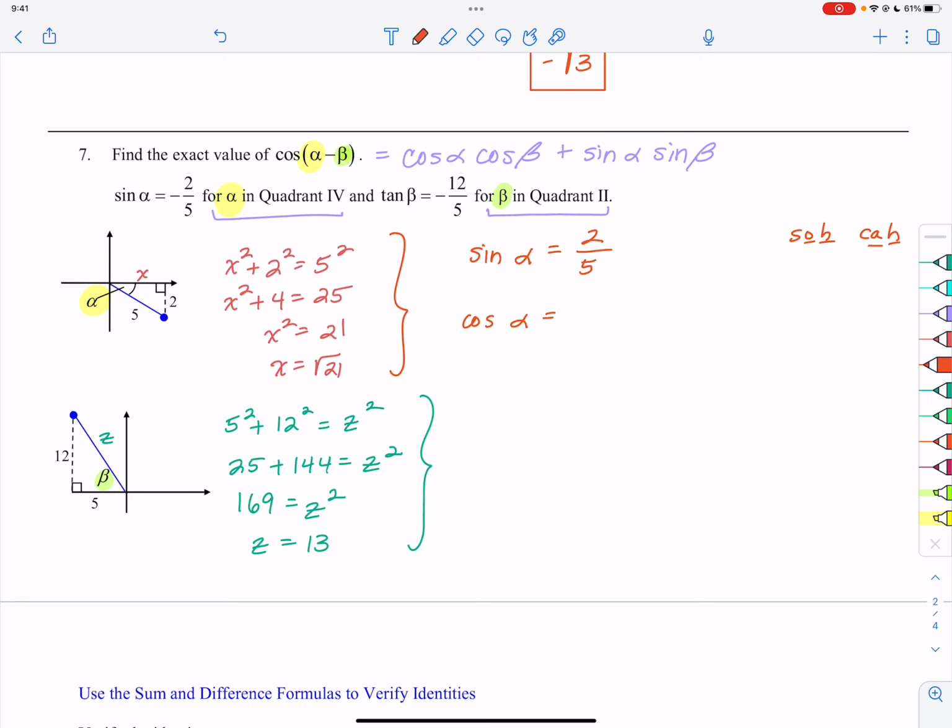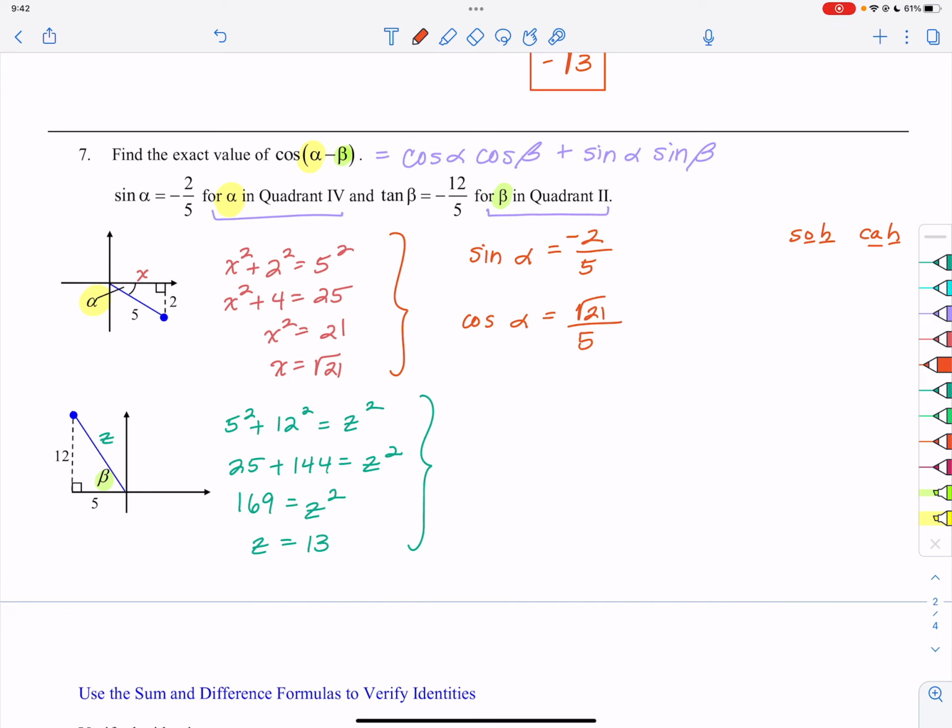And that would be a negative because in quadrant 4, the 2 will be negative. So the sine is negative in quadrant 4. Now the cosine will be positive, and that's the adjacent, which is root 21 divided by 5. So we do have to watch our signs there. That's because we're in quadrant 4.